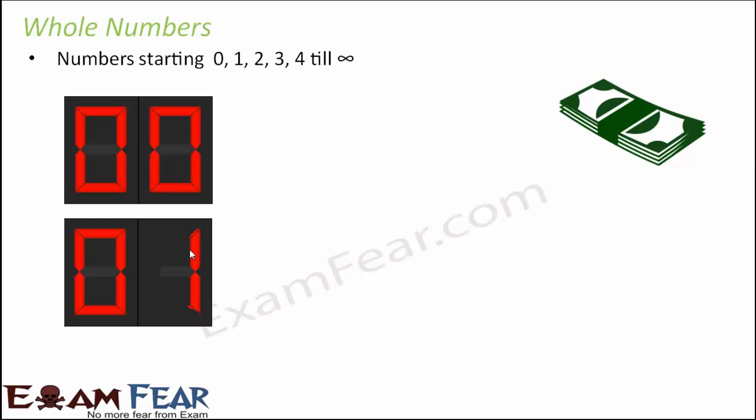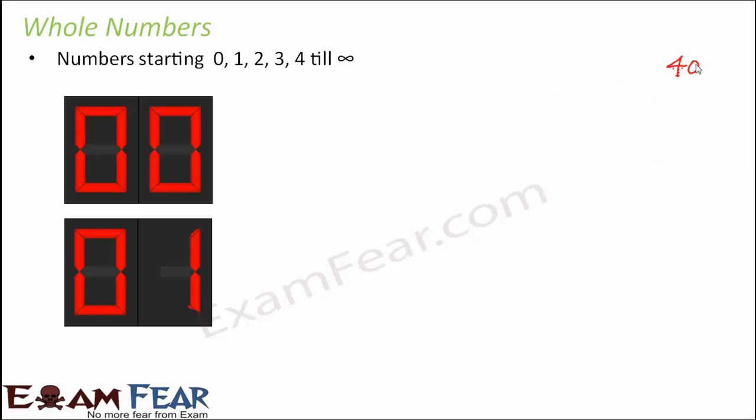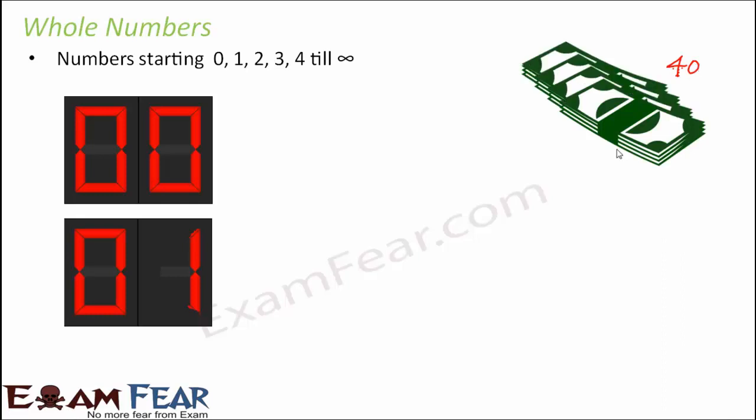Similarly, let's say you have some bundle of notes. When you have one bundle of notes, this might be some 40 rupees. Now if you increase the number of notes, this might become 400 rupees.